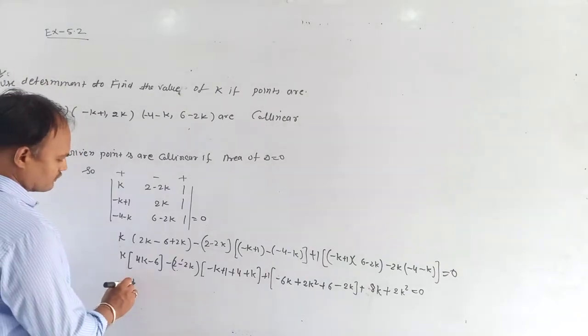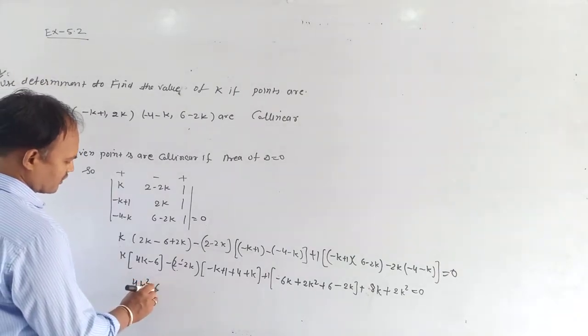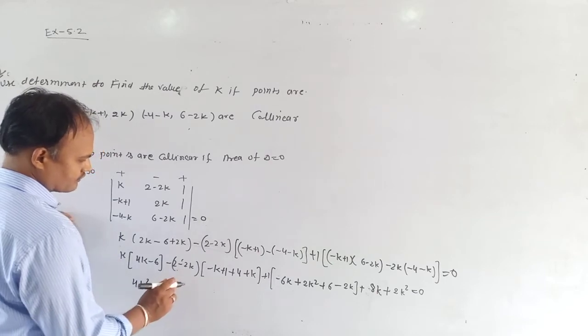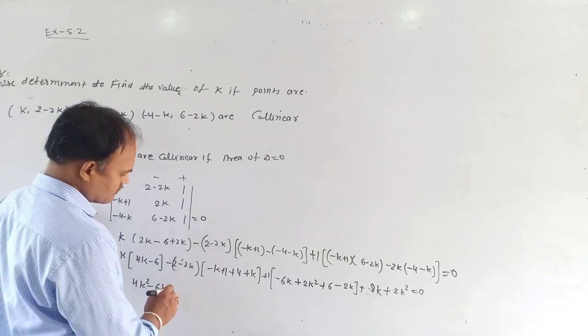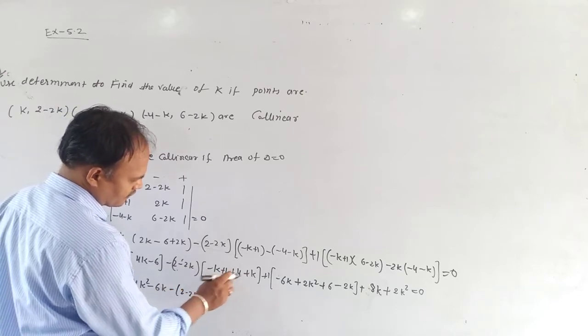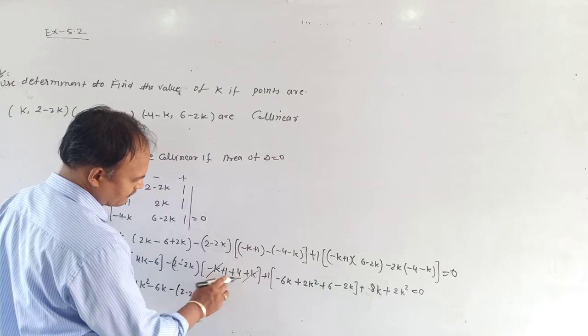It is 4k square minus 6k, and it is 2 minus 2k multiplied by k, cancelled by k, it is a 5.